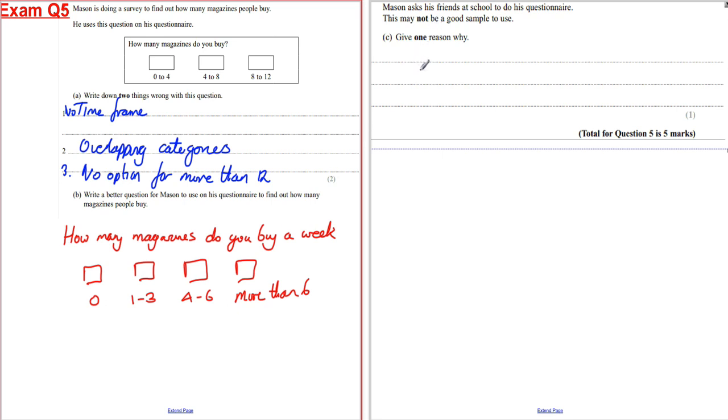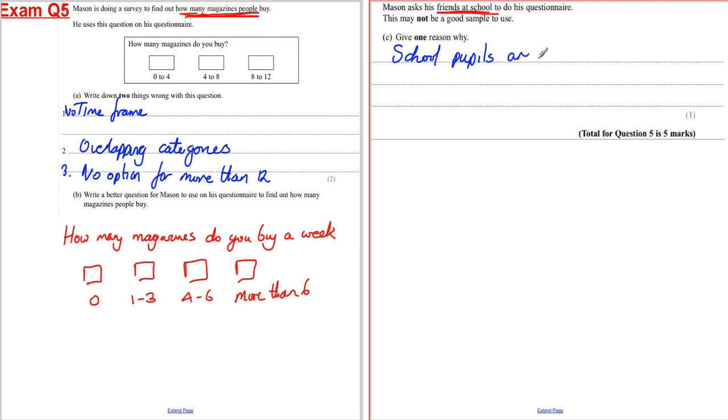And then it says Mason asks his friends at school to do this questionnaire. Why might it not be a good sample? Well, he wants to find out about people buying magazines, and he's just asking his friends at school who are students. So his friends, school pupils, and you've got to get the key phrase in, are not representative of the entire population.